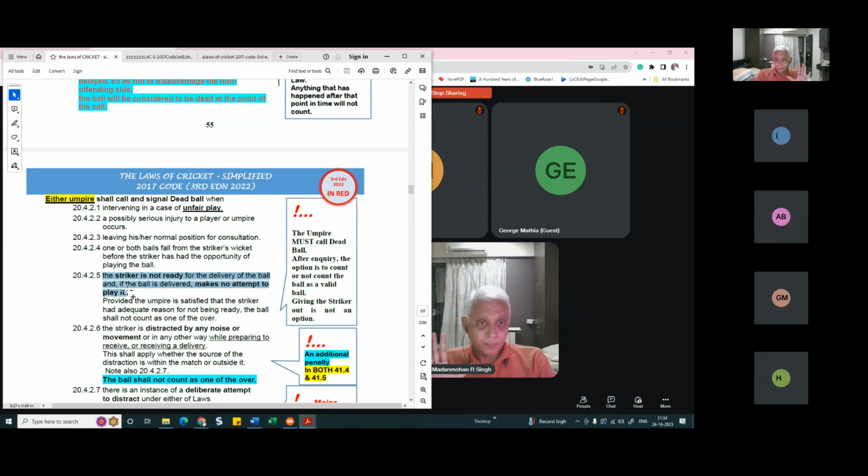No longer so. You call dead ball, the dead ball becomes effective from the time the fellow backs out and the ball doesn't count. What is in your scope is if the umpire is satisfied that the striker had adequate reason for not being ready, the ball shall not count as one of the over.